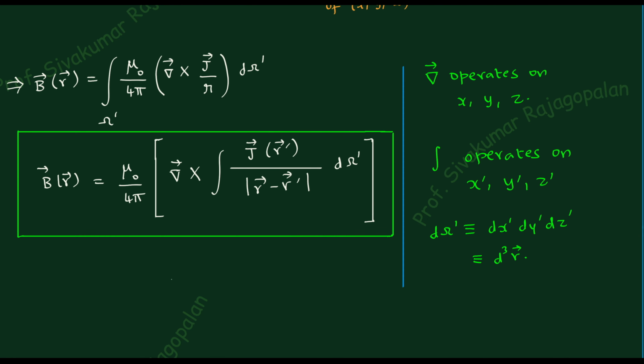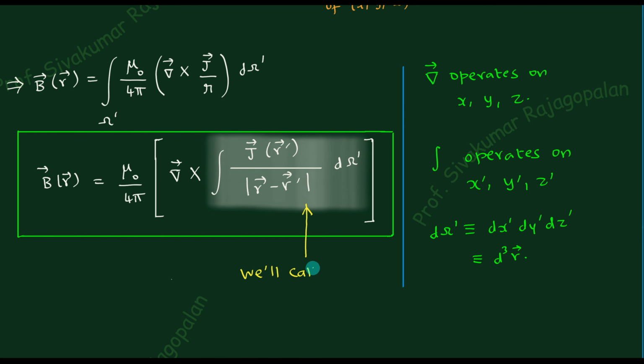So that quantity, let me highlight, and then we will give a name for that. So is the integral quantity a vector or a scalar, do you know, right? If you evaluate the integral, it is supposed to be a vector. So this quantity, we will call it by a name.